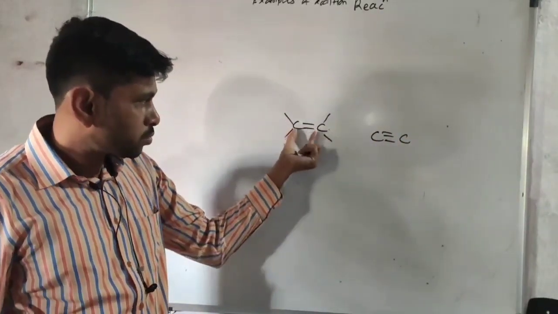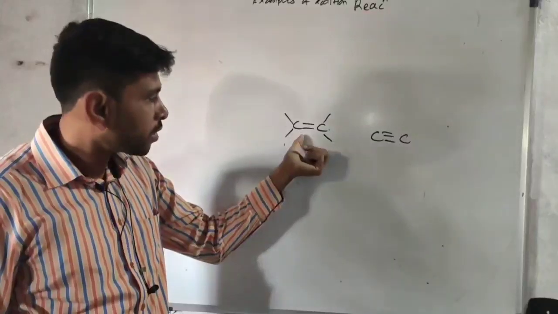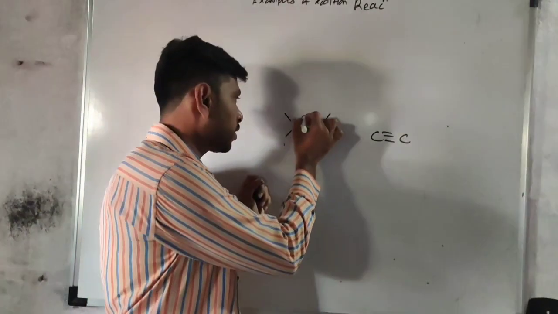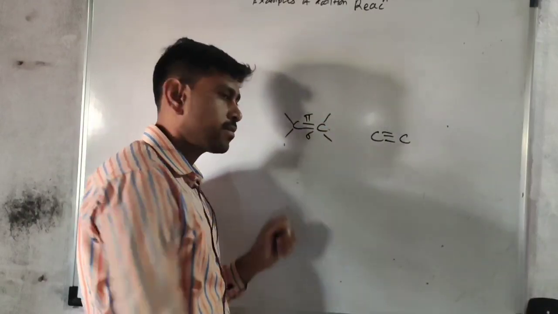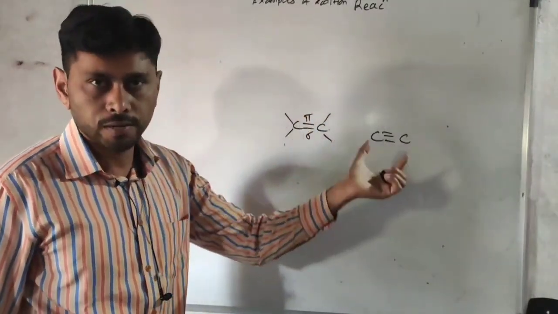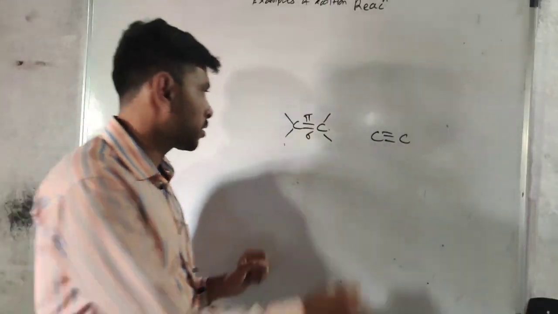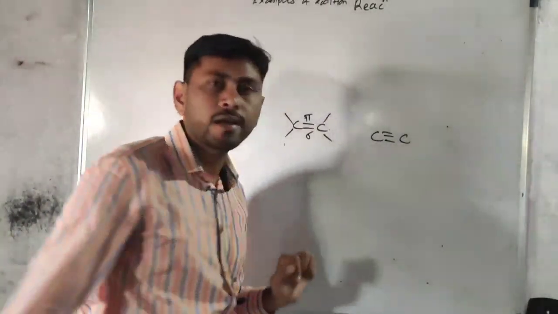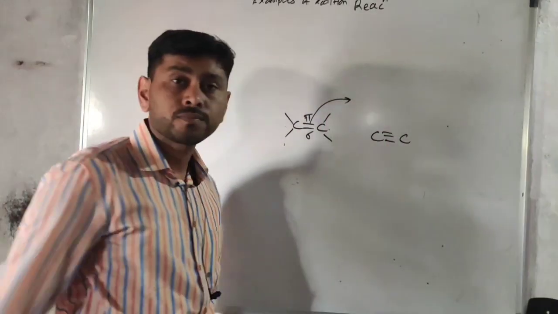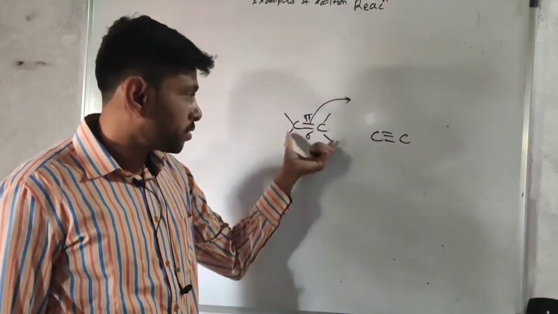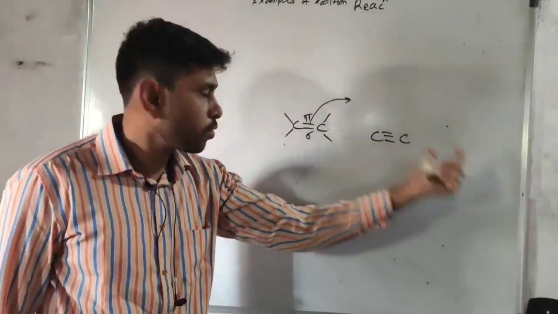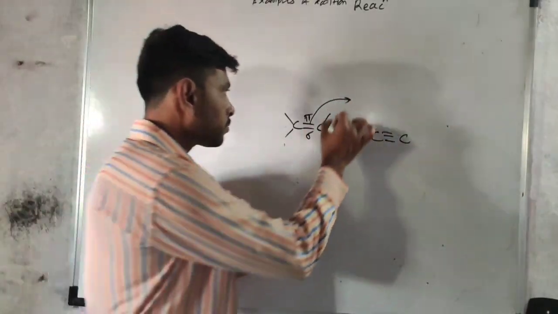So in an alkene, there are 2 bonds here. Okay, we know that one is a pi bond, another is a sigma bond, and we know that pi electrons are loosely held electrons, and this system is ready to donate these loosely held electrons to those who want them.